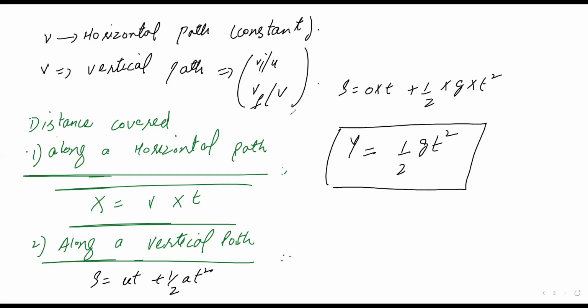And for a horizontal distance, you need to know the horizontal component of the velocity, and you need to know the time, right? Now we'll be talking about the next thing, which is the velocities. First, we'll be talking about the velocity along a horizontal path.